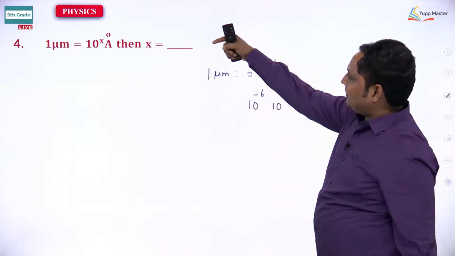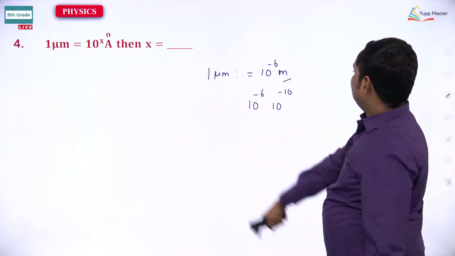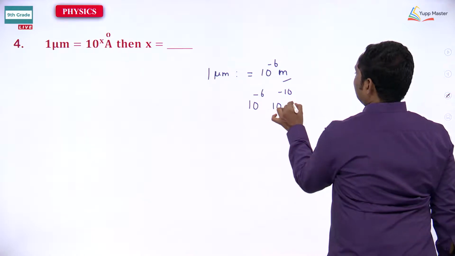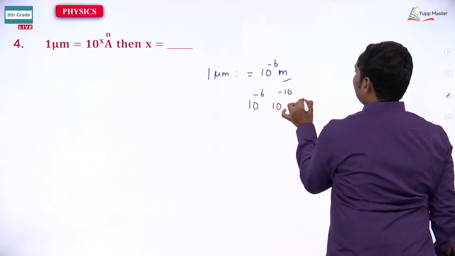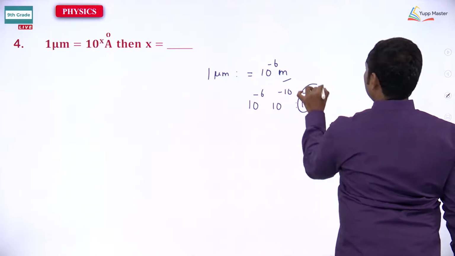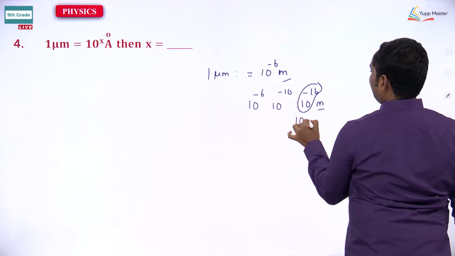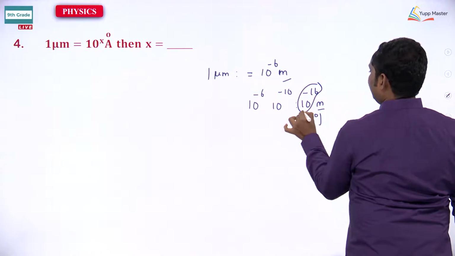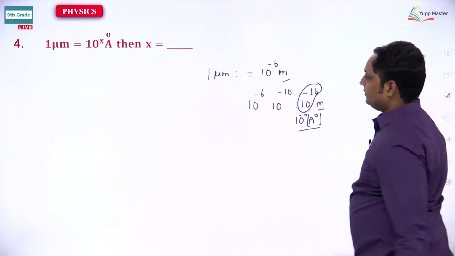They have given 10 to the power of 16 meter, and 1 angstrom is also there, that is 10 to the power of minus 6.